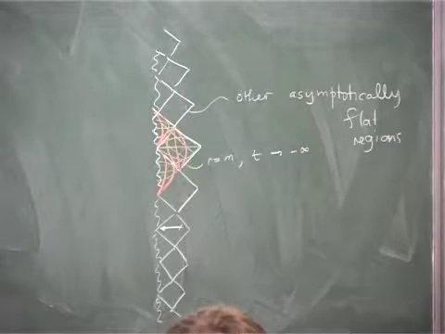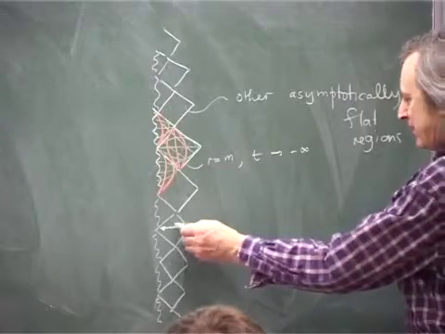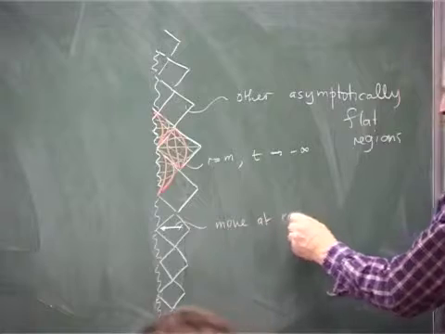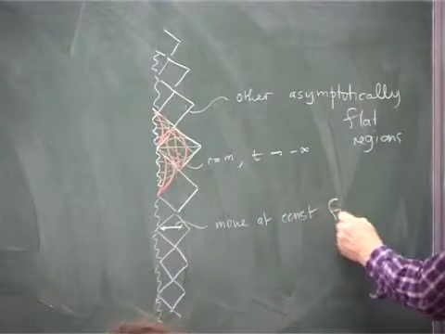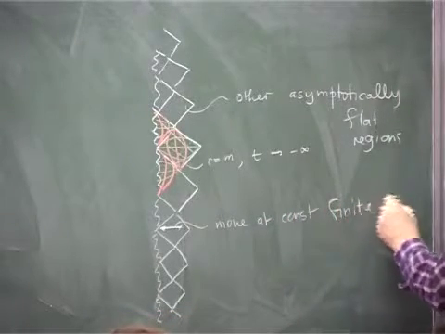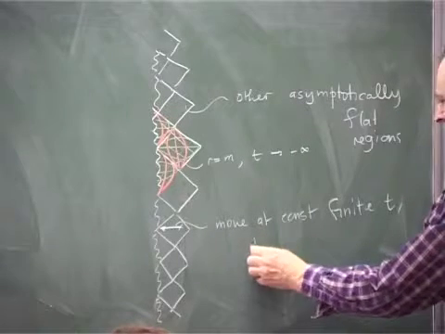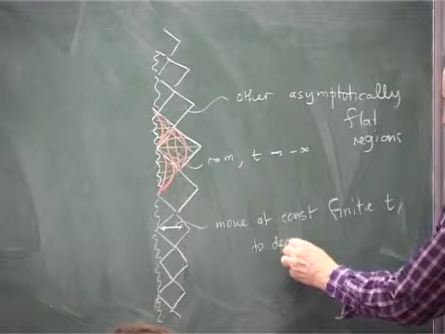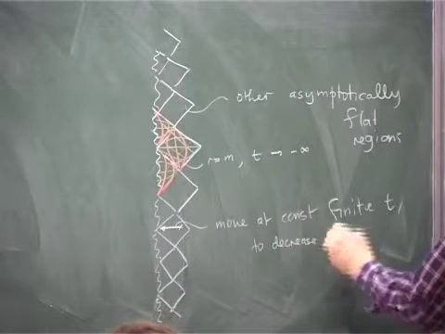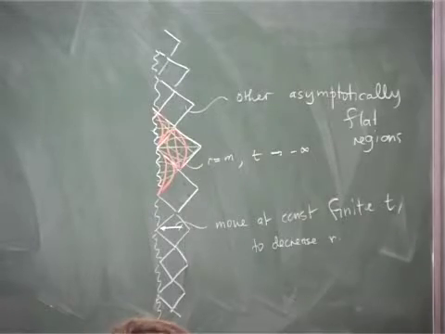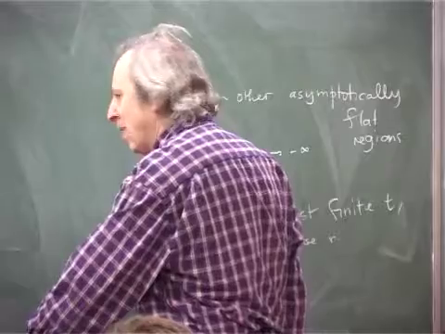So you're going to move at constant finite t to decrease r. If we did this in the Schwarzschild metric or the Reissner-Nordström metric with m greater than the modulus of q, we would discover some more asymptotic regions.